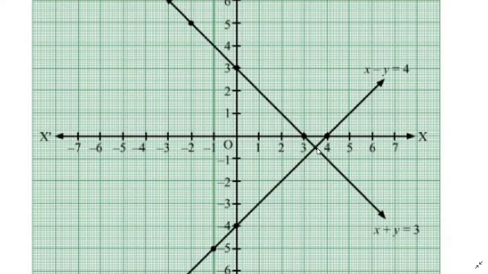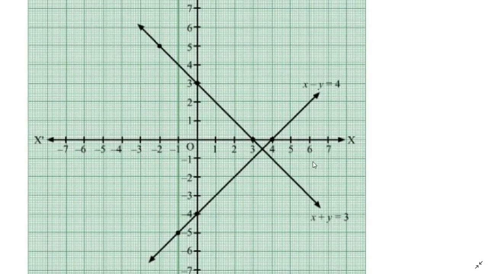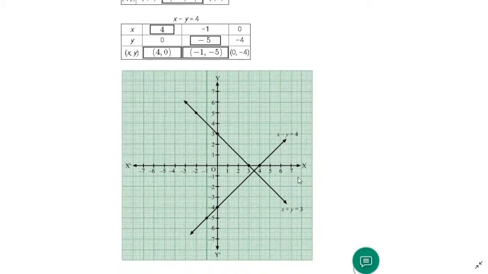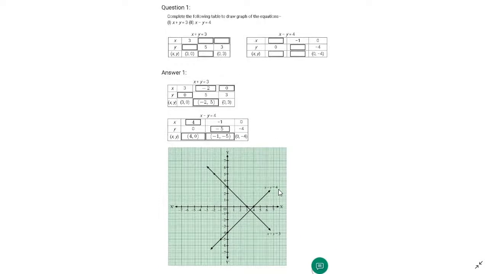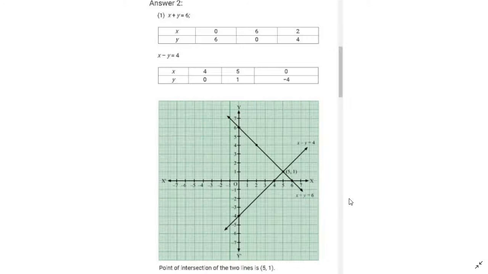We cannot actually draw the exact solution as a graphical method, so we have other methods like the determinant method, but we can calculate the values and draw the lines on the graph paper very easily. Let's see question number 2.